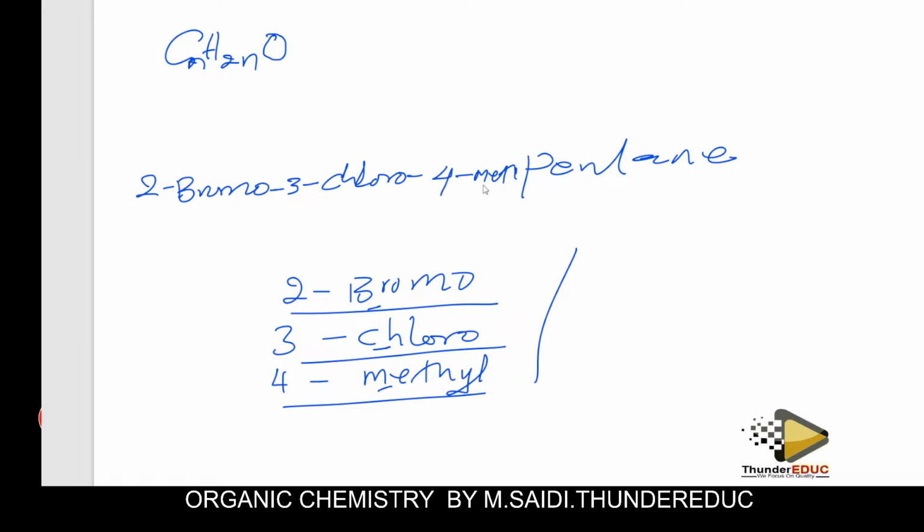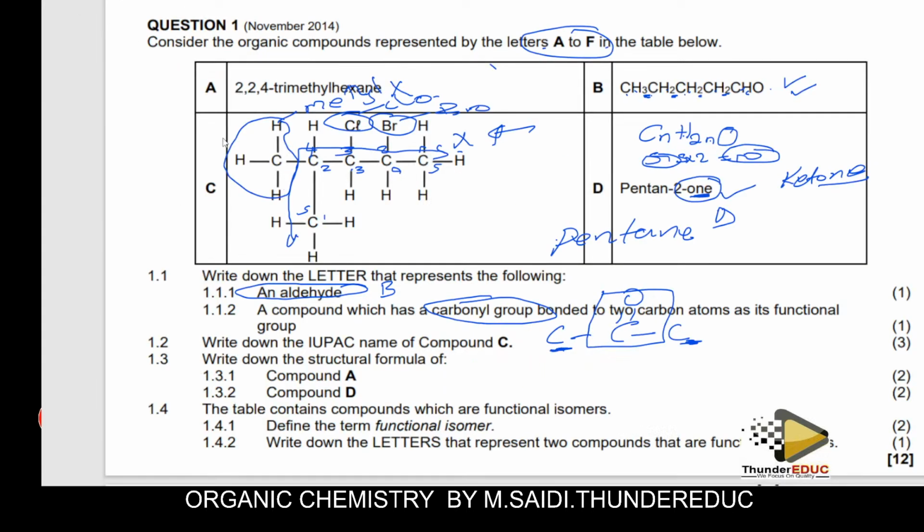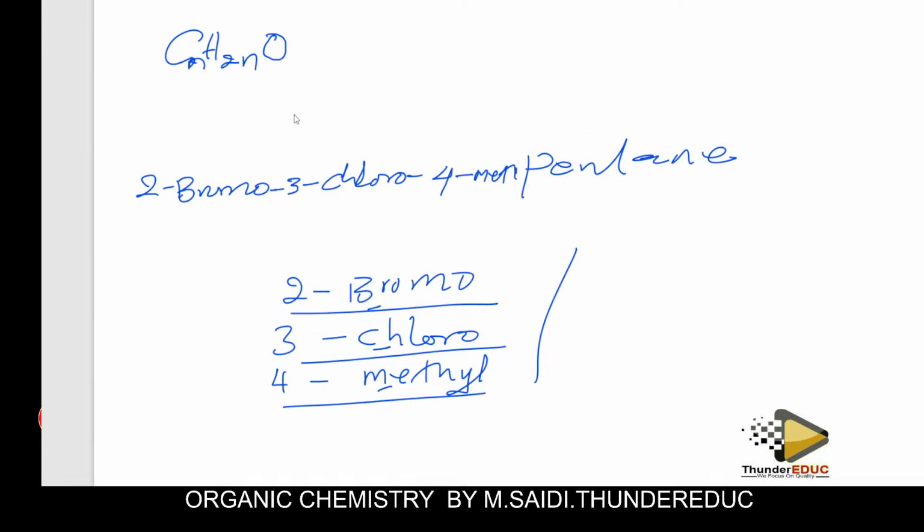Meth means 1 carbon atom, as you see here. But the moment you add -yl, it means it is a side group. So that's why we say methyl.